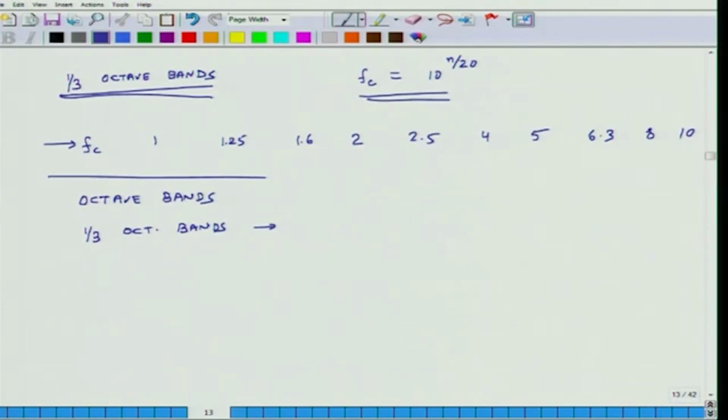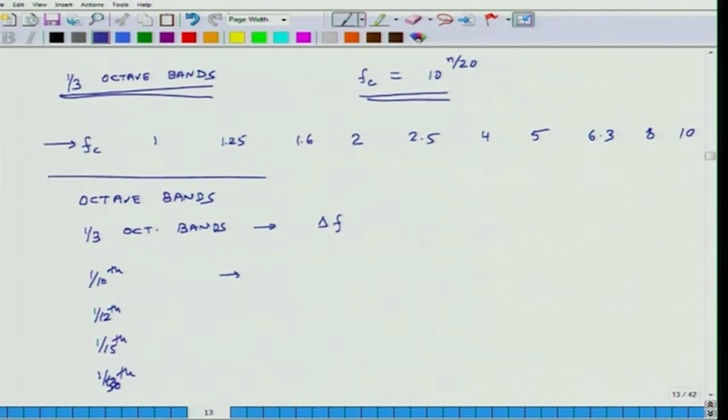Then there are finer bands also. There is the 1/10 band, then you have 1/12th, then you have 1/15th, and you have 1/30th.